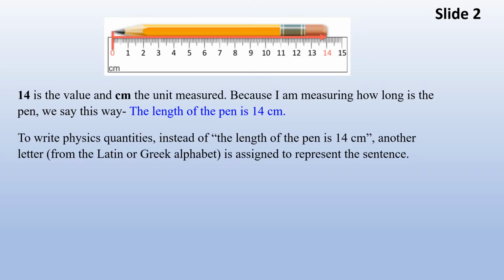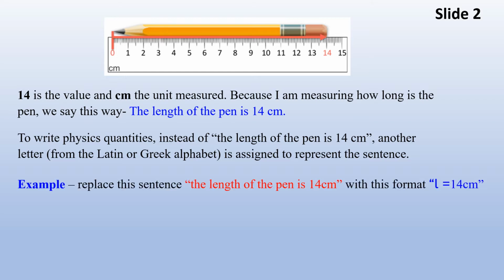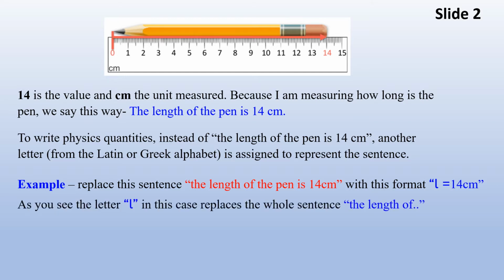To write physics quantities, instead of "the length of the pen is 14 centimeters," another letter, again from the Latin or Greek alphabet, is assigned to represent the sentence. Example, replace this sentence, the length of the pen is 14 centimeters, with the format L equal to 14 centimeters. As you see, the letter L in this case replaces the whole phrase, the length of.